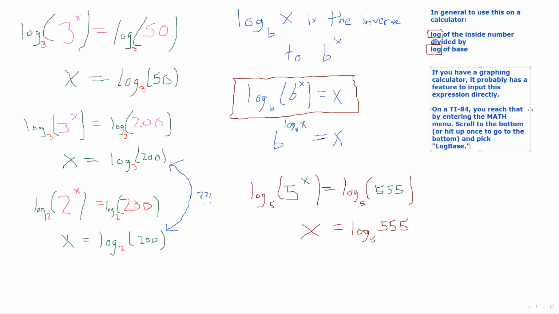If you pick log base, it will give you something that basically looks like this. And now you go, oh, well, that's easy enough. I just have to fill in the two boxes with what I want. In this case, you go 5 and 555.